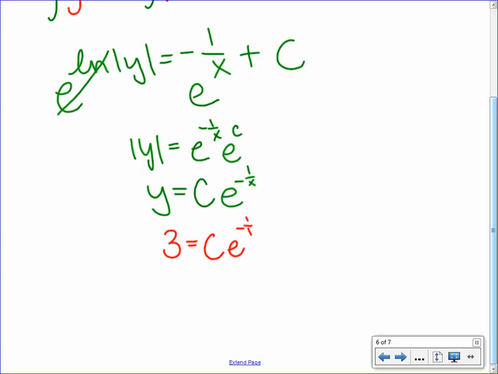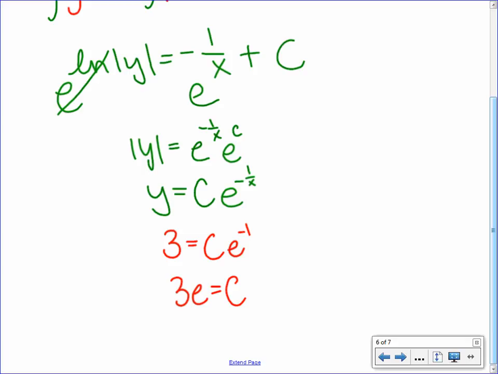Well, it's going to be a little bit over negative 1-ish, but can't we write it as, if we divide by e to the negative 1, we would have 3 over e to the negative 1, but we don't leave negative powers in the denominator, so 3e. This is e to the negative first power, right? Which is the same thing as 1 over e.